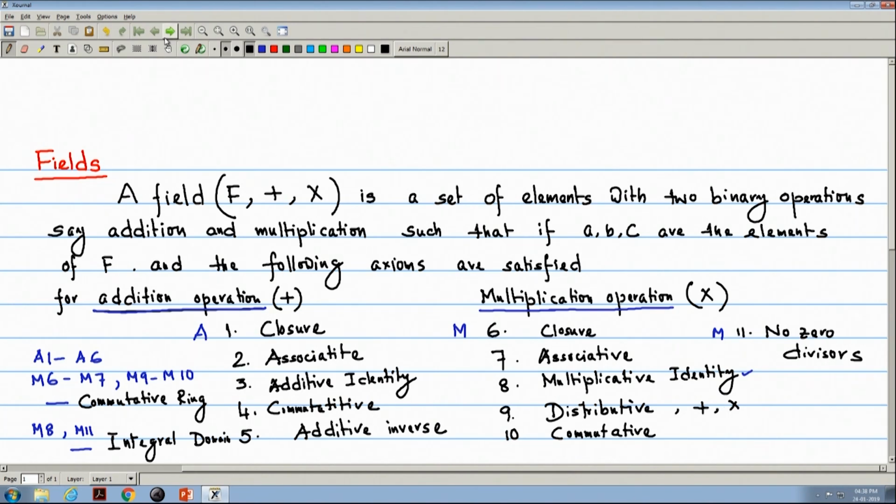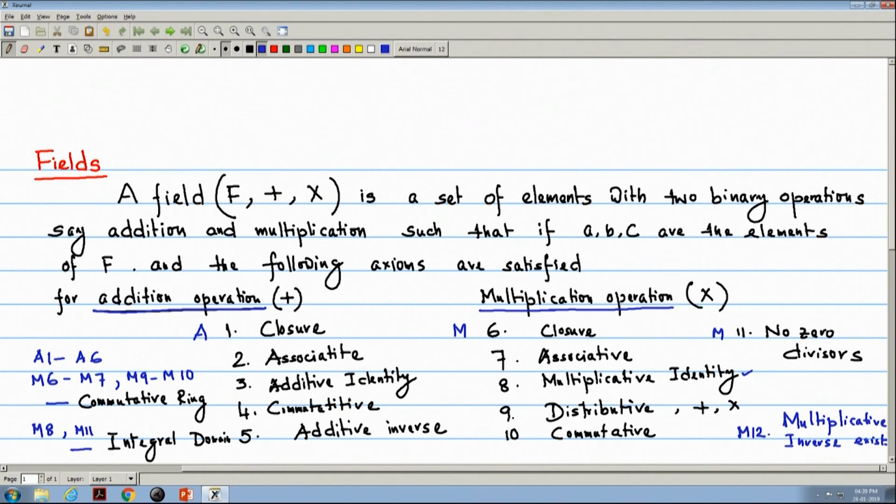So for the field, in addition, it must satisfy the multiplicative inverse. We can write the additional property M12: the multiplicative inverse exists.